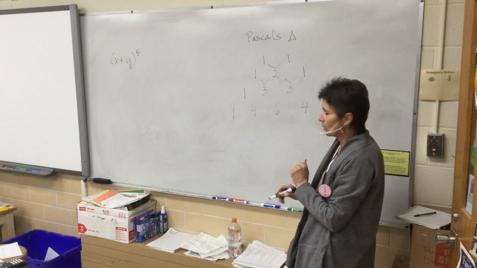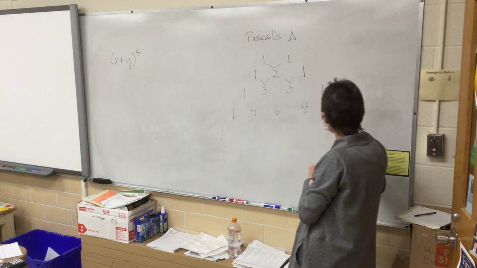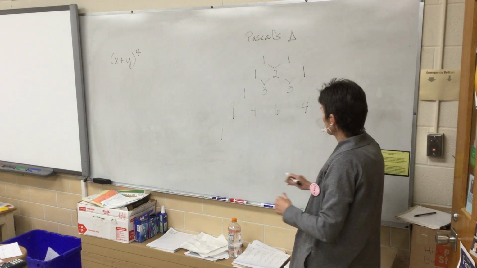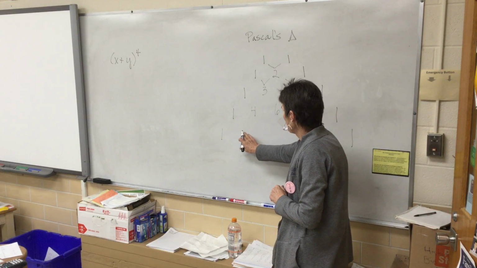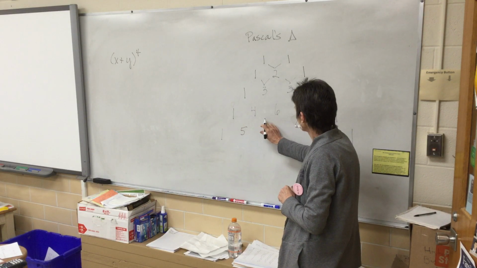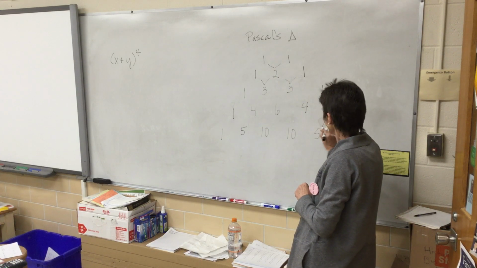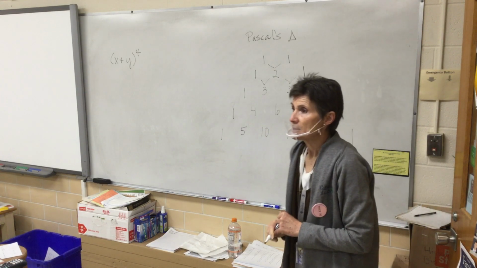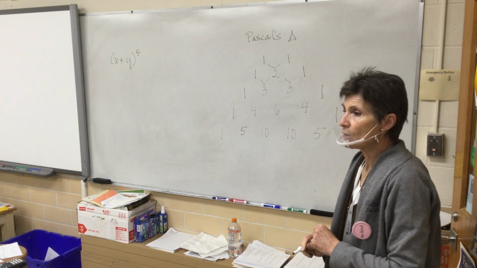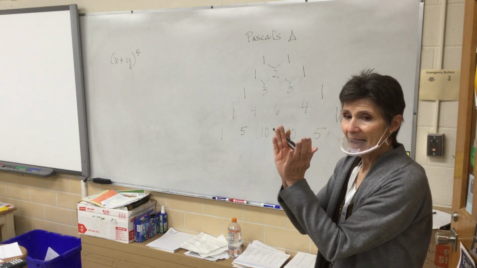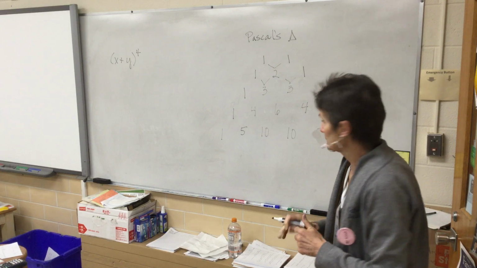And now let's do one more. Start with a 1, end with a 1. It keeps getting wider. What will go here? 5. Okay? So we're building the triangle by simply adding the two numbers above it.